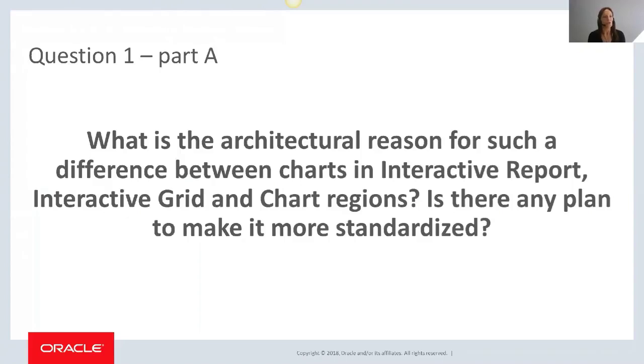Whereas with interactive report and interactive grid, you're essentially dealing with reporting components, and those reporting components can be rendered using different views, such as a single row view or an icon view, or indeed a chart view. But as it is primarily a reporting component, it's only a small subset that we've chosen to expose there. And if you want more control, it would need to be via a chart region.